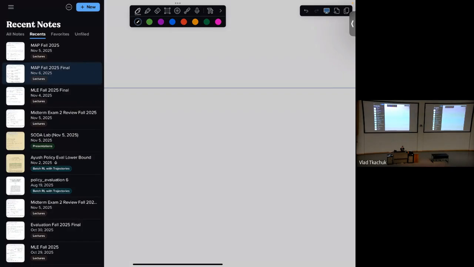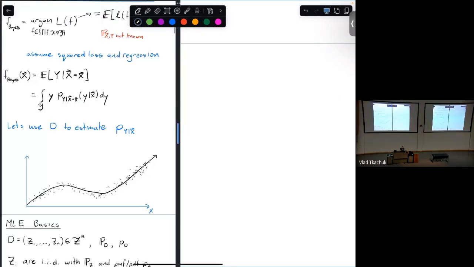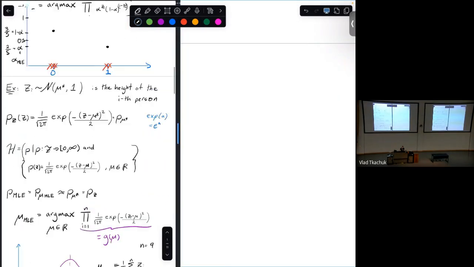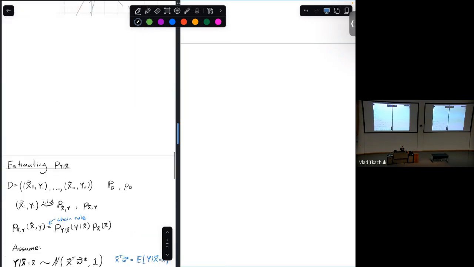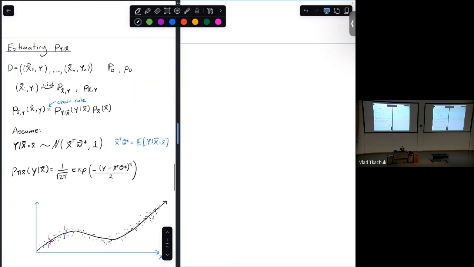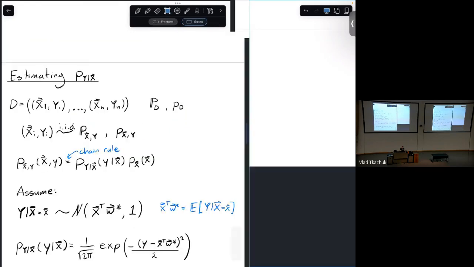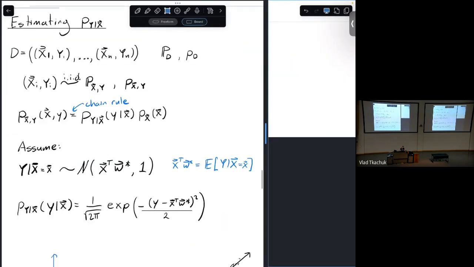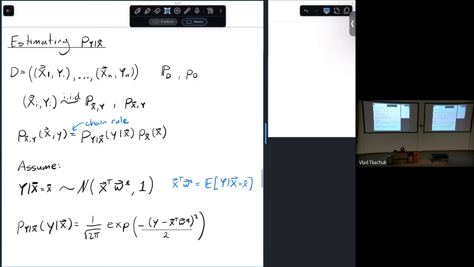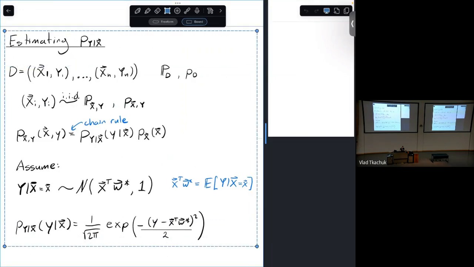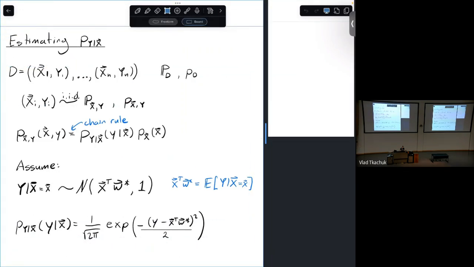Oh, and to make it very clear that we're doing exactly the same thing as MLE, except we're going to need to assume a prior on our parameters, let's just go back to this MLE lecture and copy and paste that in, and see what changed. So in MLE world, we had this. Let me just copy it in, and then we're going to see what's new, or what we add.